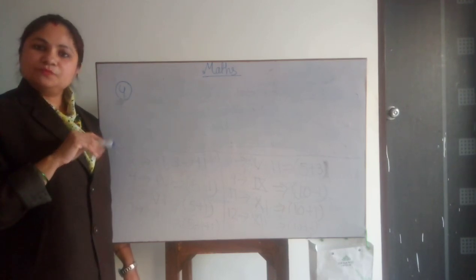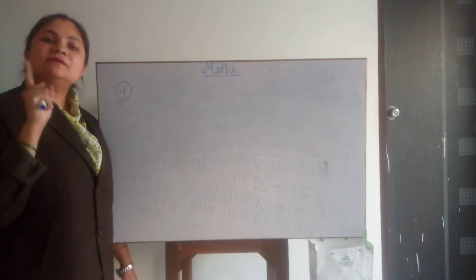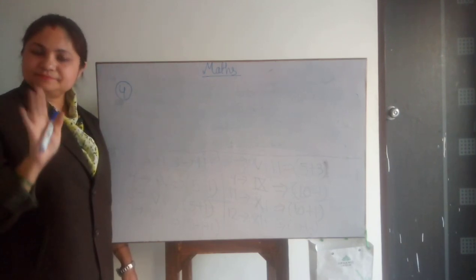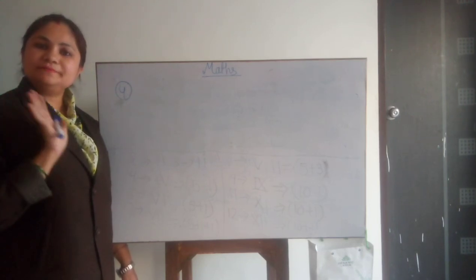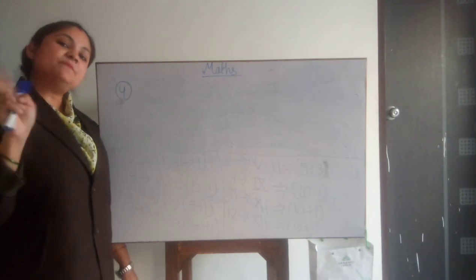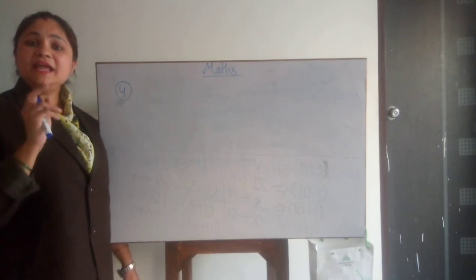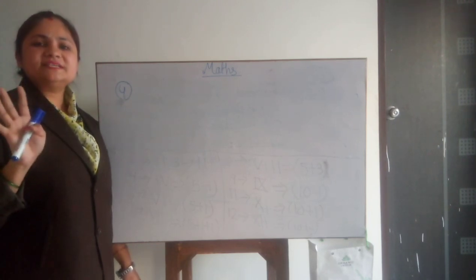So what did they purchase? One friend purchased a toy, the second friend purchased a box, and the third friend didn't purchase anything.